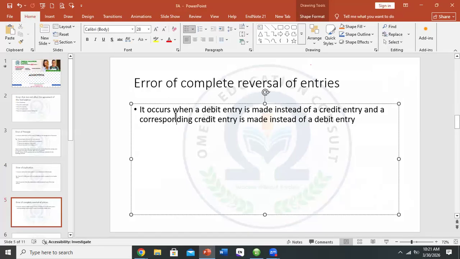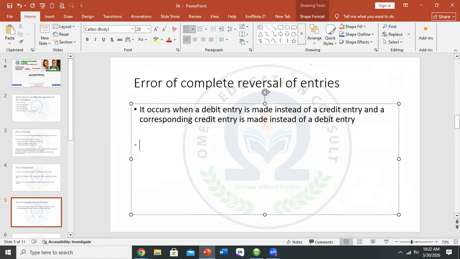He has rather credited A and debited B. So it occurs when a debit entry is made instead of a credit entry, and a corresponding credit entry is made instead of a debit entry. So it means that the double entry has been reversed.